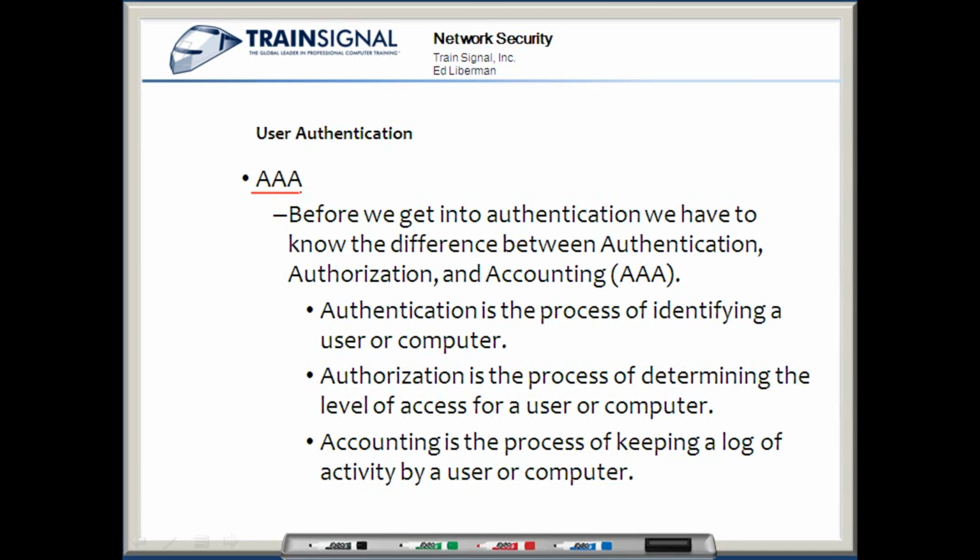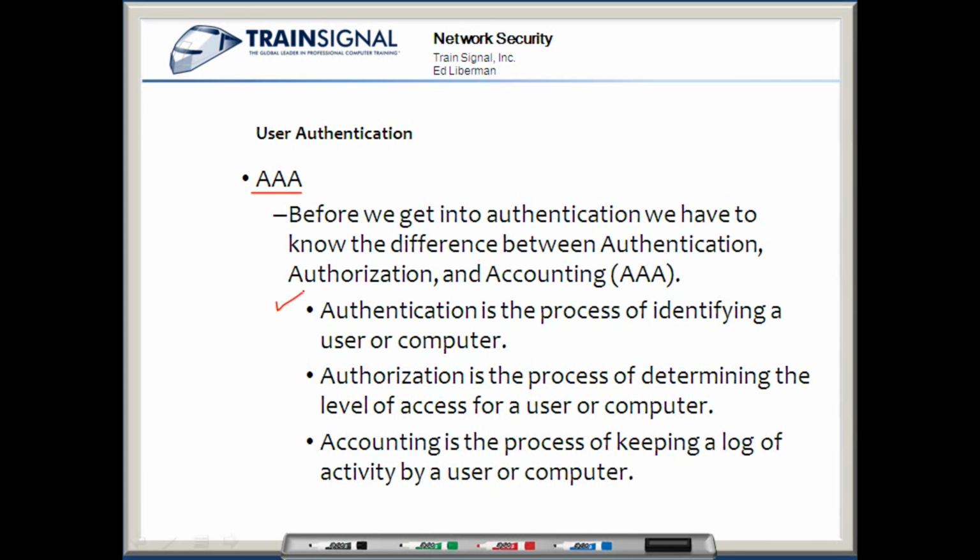AAA stands for authentication, authorization, and accounting. And although very often they tend to be kind of glommed together into one thought, they are actually three separate processes.